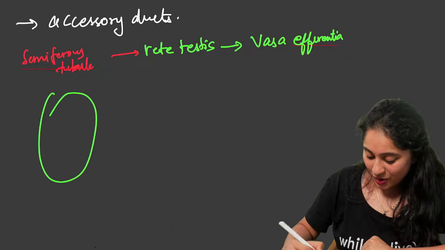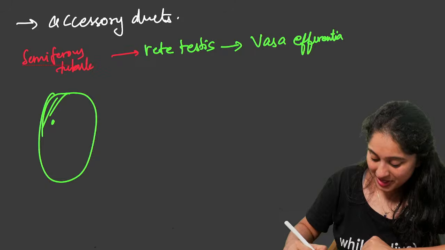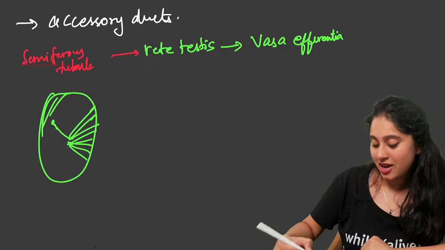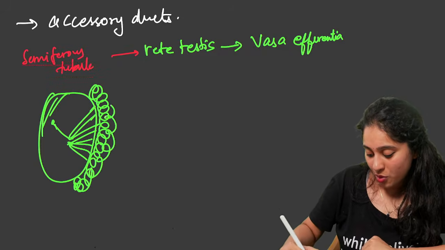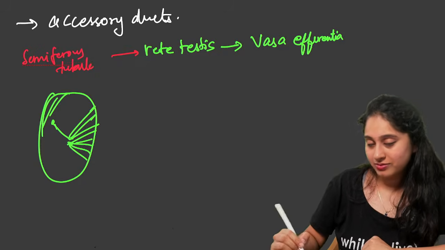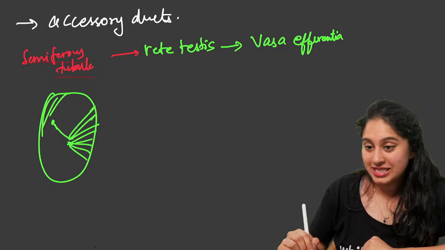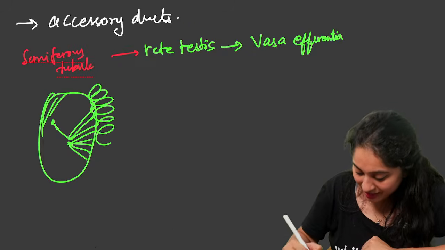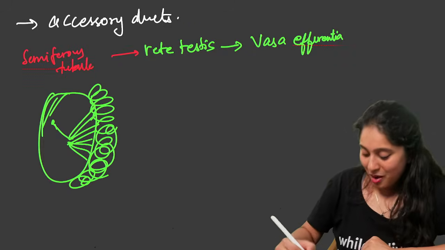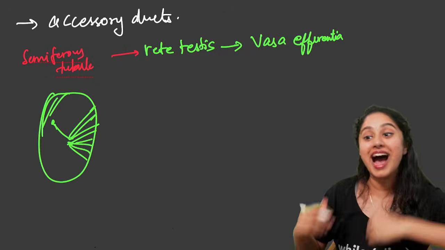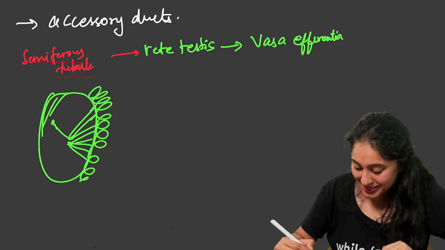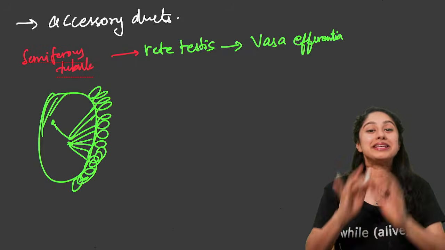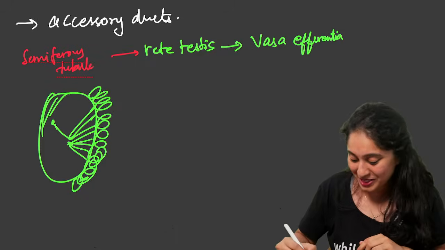So we have the seminiferous tubules, rete testis, vasa efferentia, and then a supercoiled posterior structure. This is definitely making fun of me now. Okay, wait, one last time. It didn't disappear. How is it disappearing? I don't know. Now this app is making fun of me. Okay, enough.